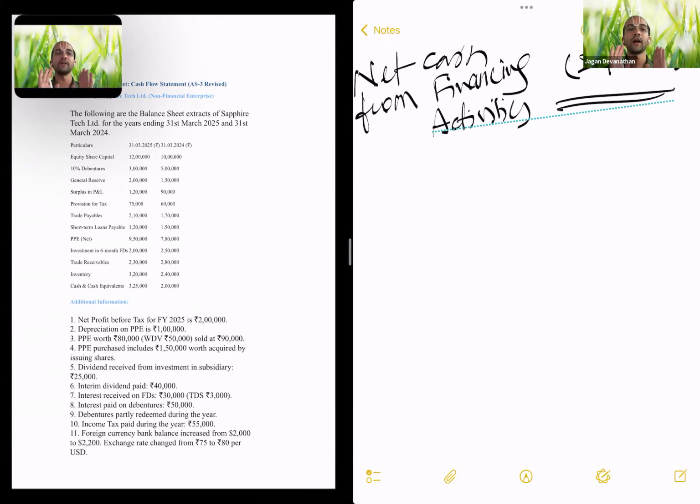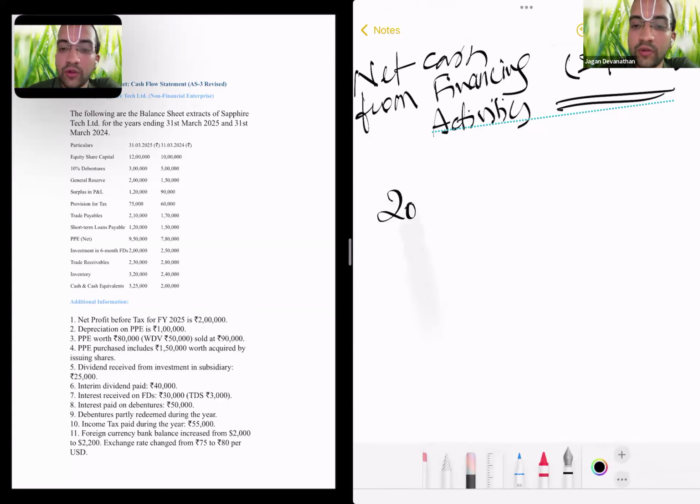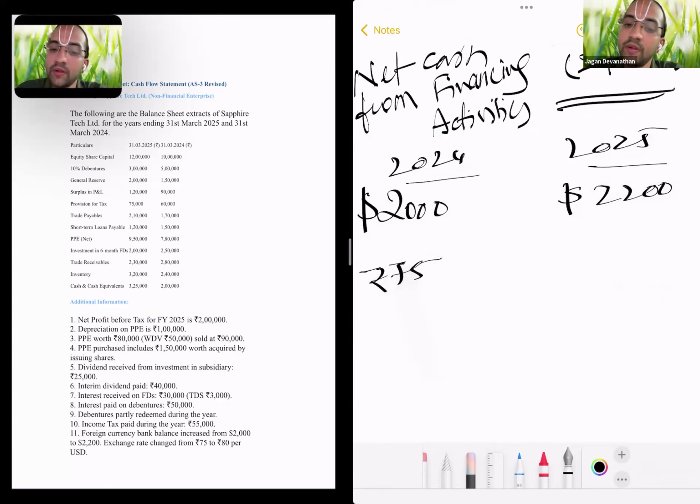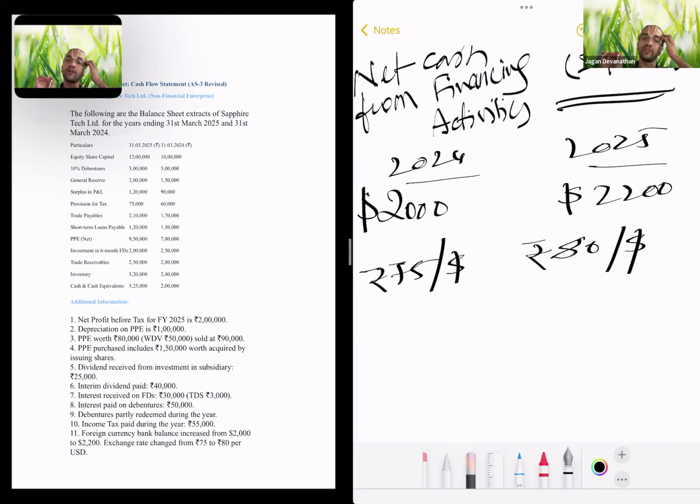Now comes the adjustment of the question. We have used all the adjustments given in the question except for the last. It says foreign currency balance went from $2,000 to $2,200, in 2024 and 2025. The exchange rate was 75 per dollar, and now it is 80 rupees per dollar. Now what changed?